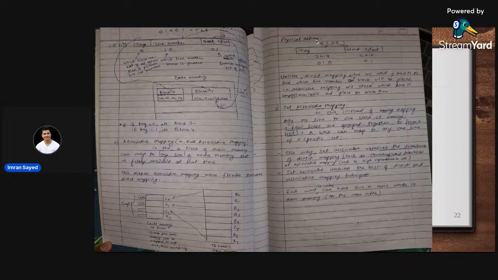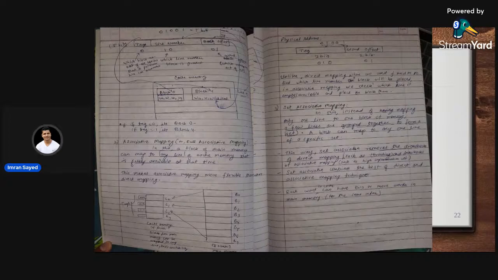So let's talk about the physical address. Physical address for associative mapping only includes tag and word offset. So this is the binary representation of a particular block. This has 3 bits, this has 2 bits. So we just broke the 010 into tag and 012 word offset.